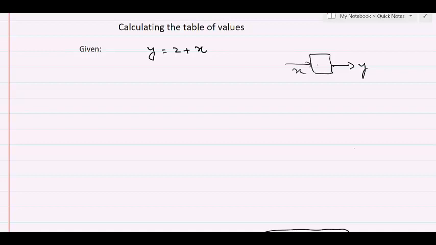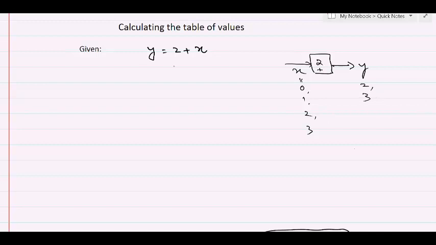But what happens to the value? Every value that comes in, 2 gets added to that value. So that's what 2 plus x means. If x is equal to 0 or 1 or 2 or 3, what is happening here? 2 is being added to 0, so 0 plus 2 would be 2, and when 1 goes in, 1 plus 2 would be 3.